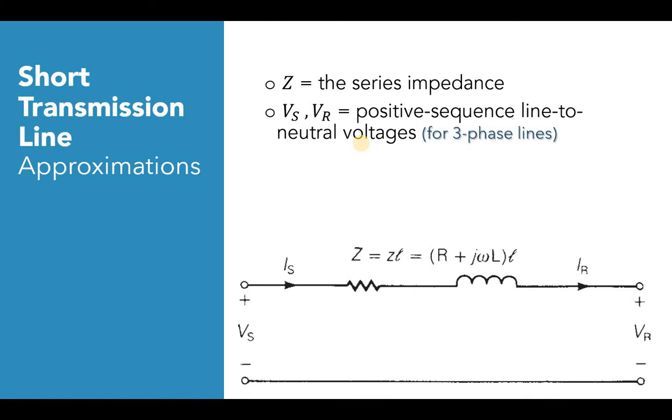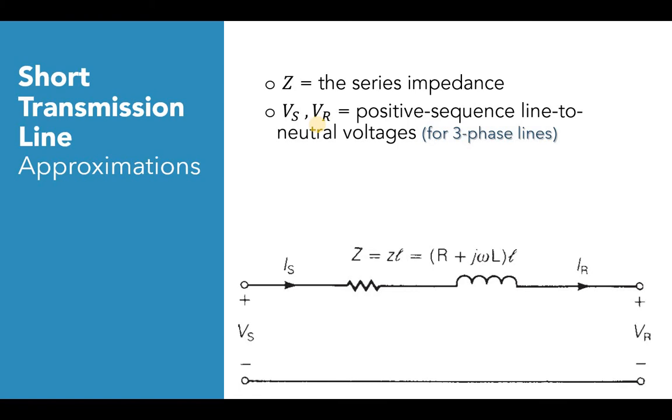Whereas for three-phase lines, automatically your VS and VR in our general equations are considered the line-to-neutral voltages. Because in our previous calculations, right?